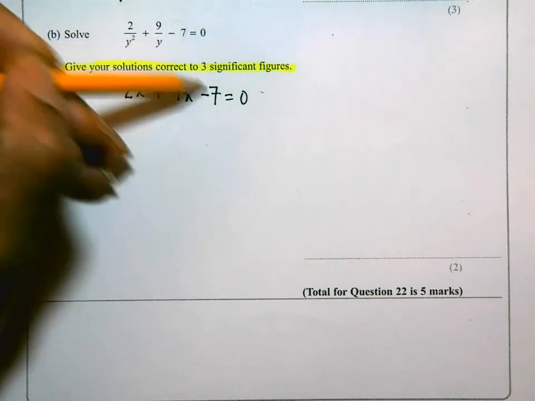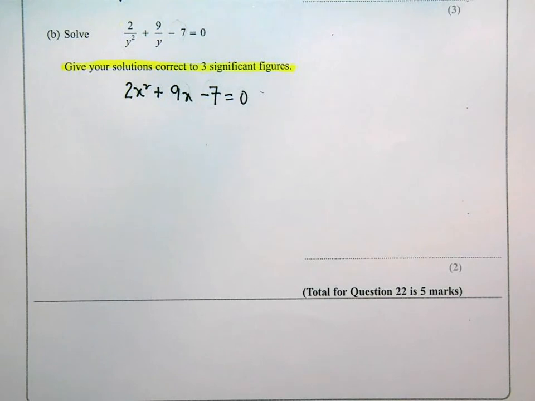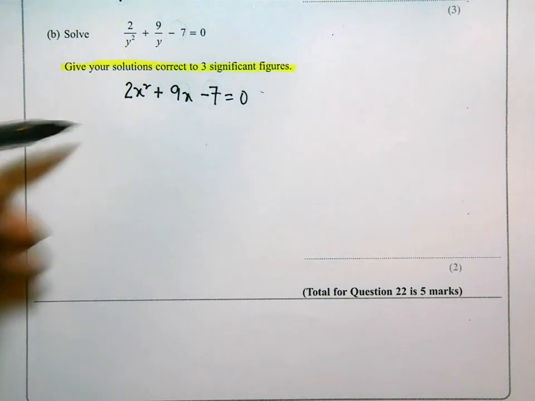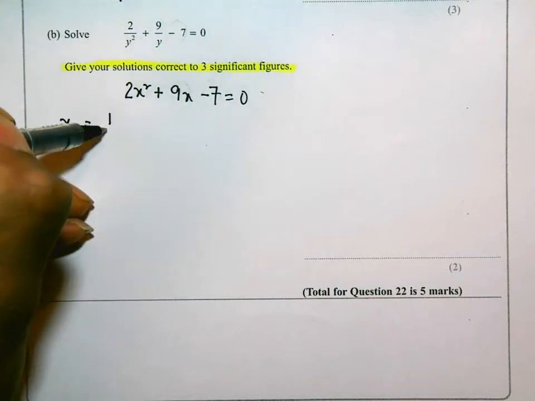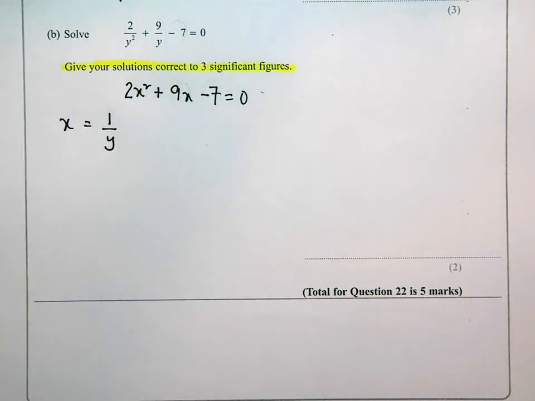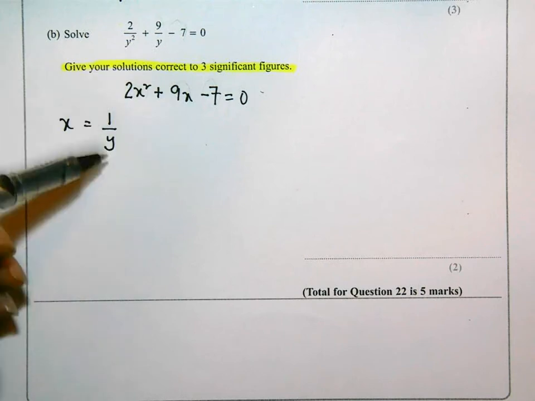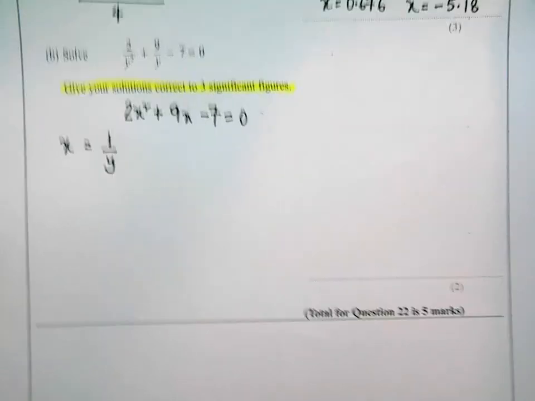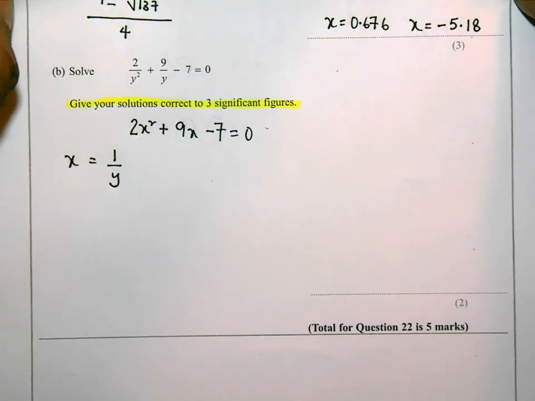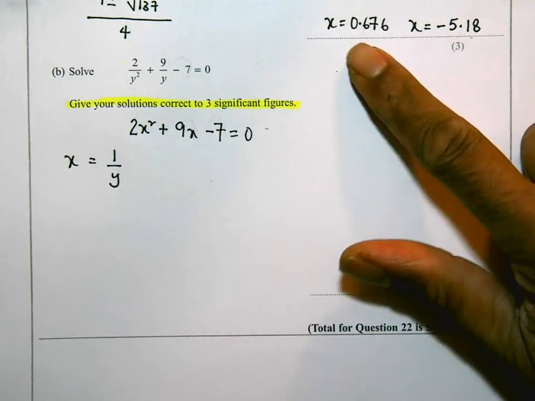In fact, what's been done is that x has been replaced with 1 over y, and that's a substitution. This is quite a challenge to make sure that you spot it. But if you're on the ball, and if you're aiming for the top grade, you need to be able to spot this. You can see that x has been replaced by 1 over y. Now we worked out what x was in the previous part: 0.676 and minus 5.18.